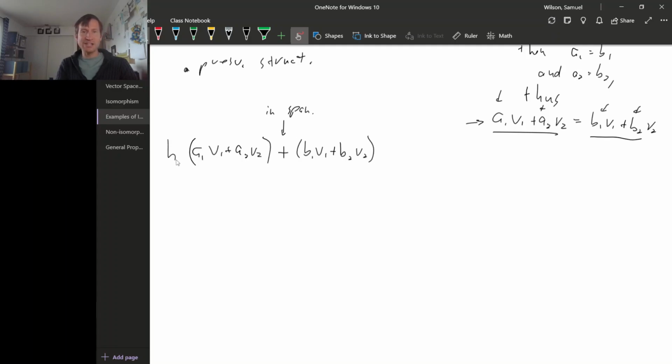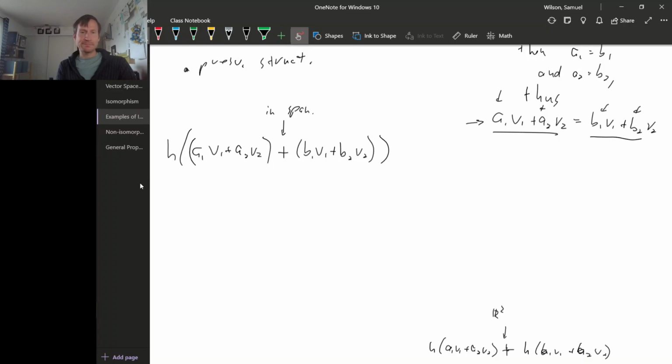So then we do H of this. What we're hoping is that we get H of A1 V1 plus A2 V2 plus, and this addition is in R2, H of B1 V1 plus B2 V2.